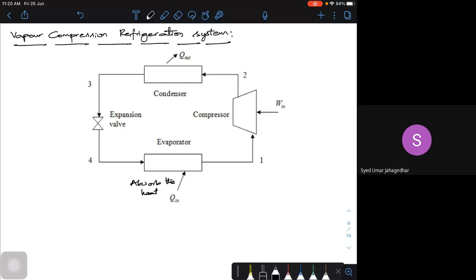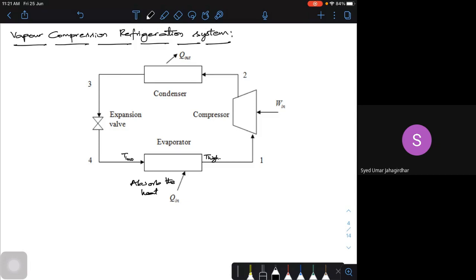The heat is absorbed by the refrigerant and taken away with it at a particular rate. It enters at some lower temperature and leaves at a slightly higher temperature because of the absorption of the heat.